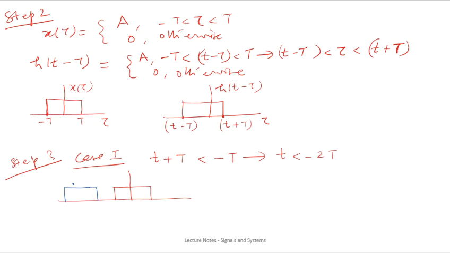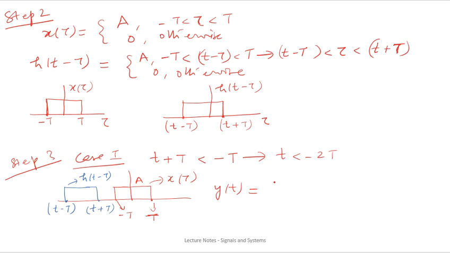This is h(t minus tau), in between t minus T and t plus T. This point is t plus T, this point is t minus T, and for x(tau) this point is minus T and this point is T. You can very clearly see from here that there is no overlapping between these two signals.